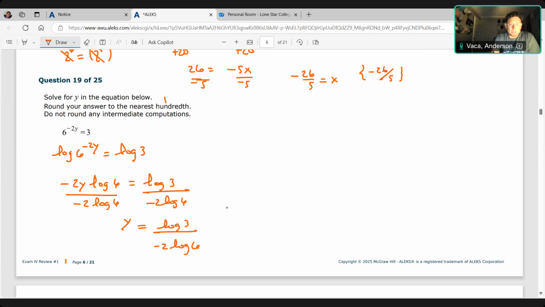So that is 2 decimal places. So time for the calculator. Again, here's where you want to be careful with your parentheses. If you're not careful, it's very likely that we'll make a mistake. Okay, so I'm now typing in logarithm base 10 of 3 divided by negative 2 times logarithm 6, and to 2 decimal places, we get negative 0.31. End of that story. Let's move on.